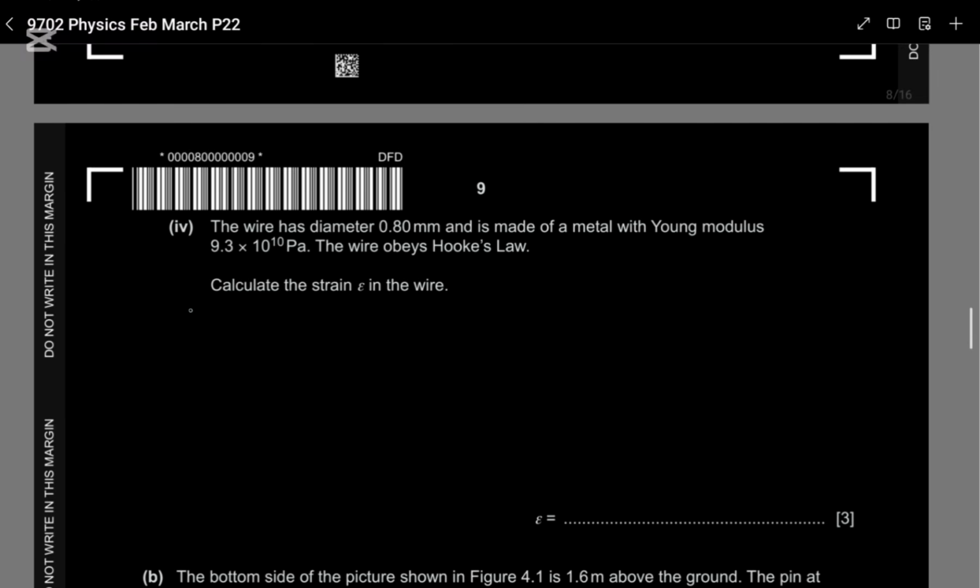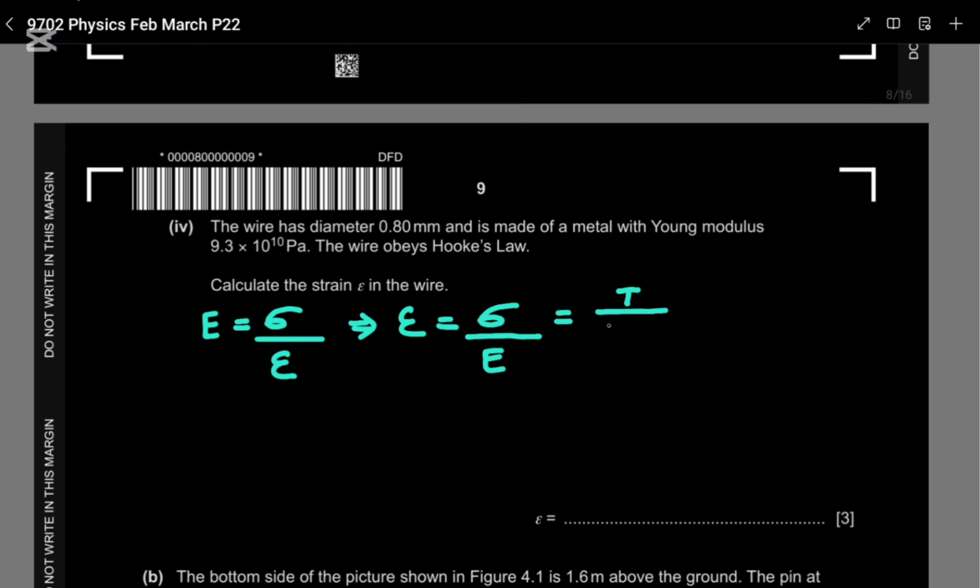Young modulus, let me write it as E, is equal to stress over strain, and from here strain is equal to stress over E. Now what is stress? It is force over area, and over here the force is the tension. So it is tension over area, which is pi r squared, over E.